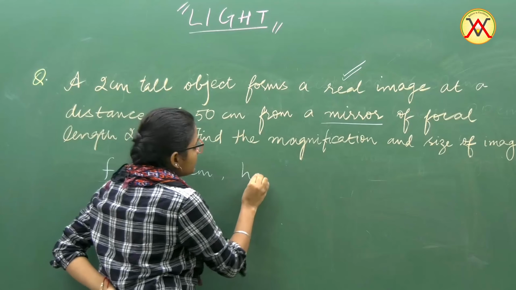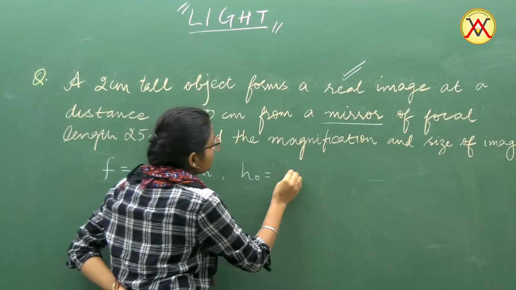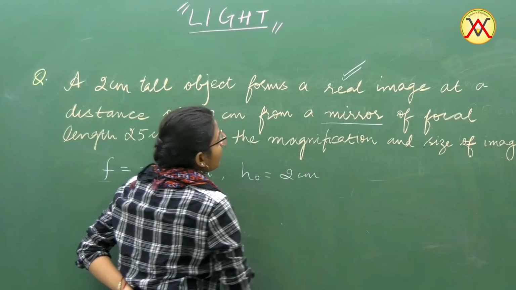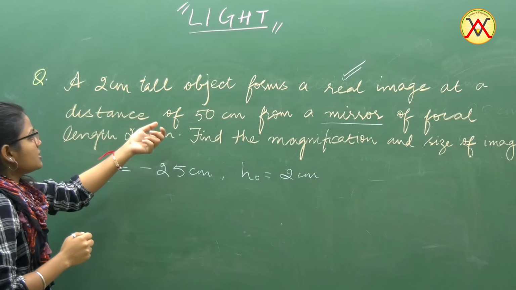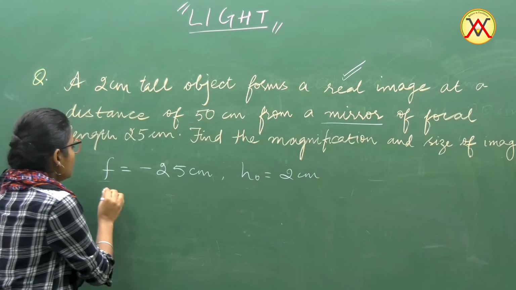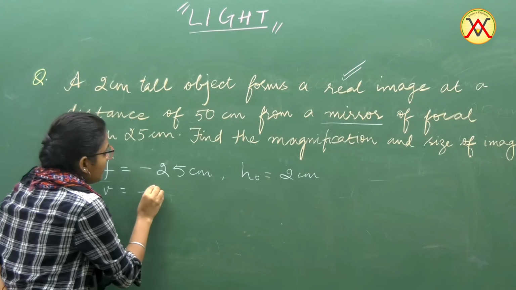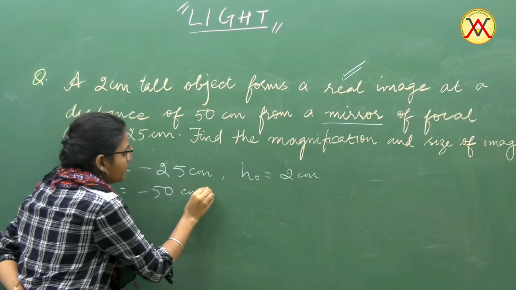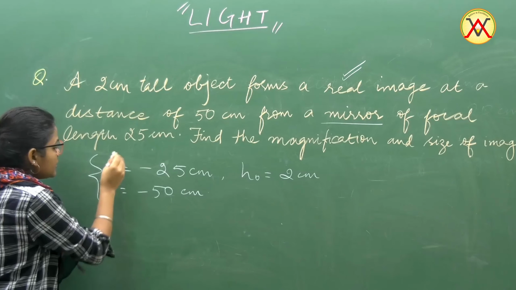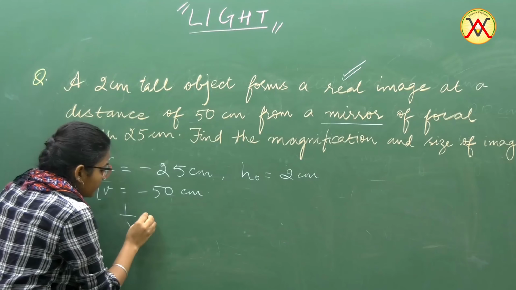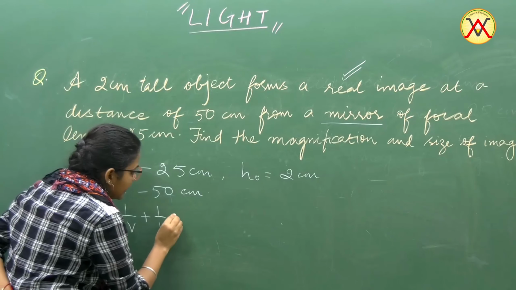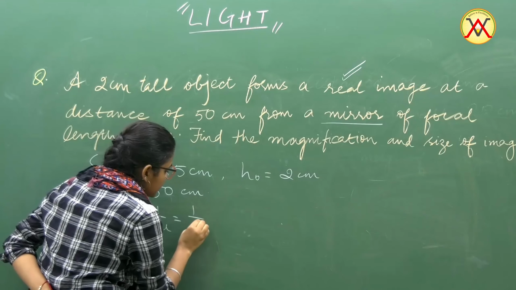Height of the object is given as 2 cm. The image distance, since it is a real image, will be minus 50 cm. Let's put these two values in our mirror formula and get the value of object distance.